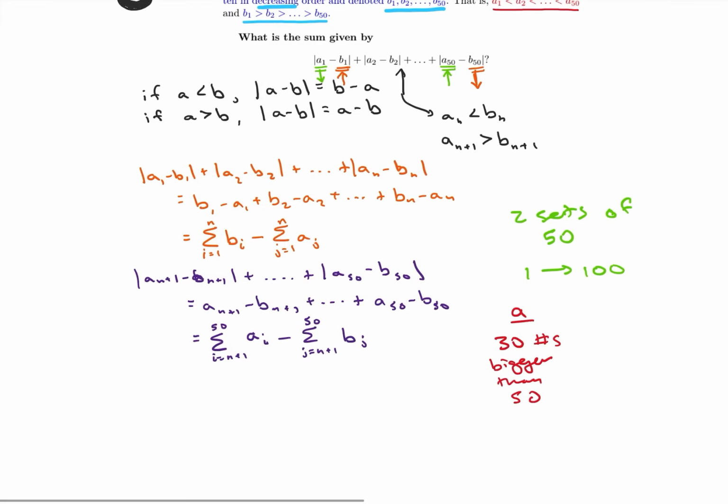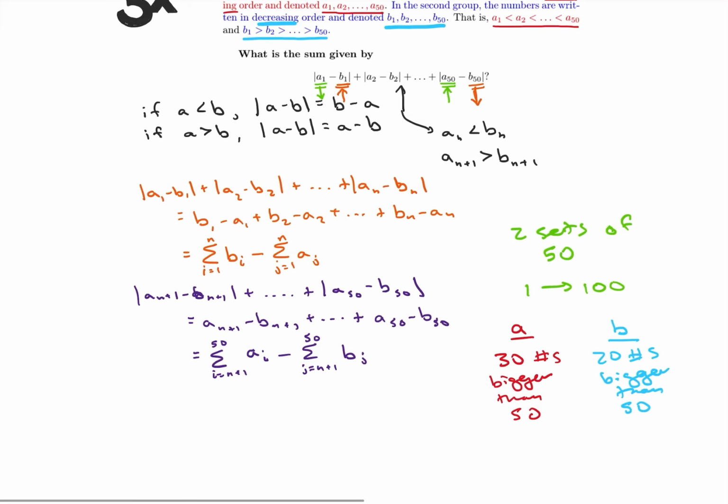Okay? And what does that mean about our set B? That means that in set B, we have 20 numbers bigger than 50. So if set B has 20 numbers bigger than 50, then in our example up here, a sub 1 up to a sub 20 would be smaller than b sub 1 through b sub 20.